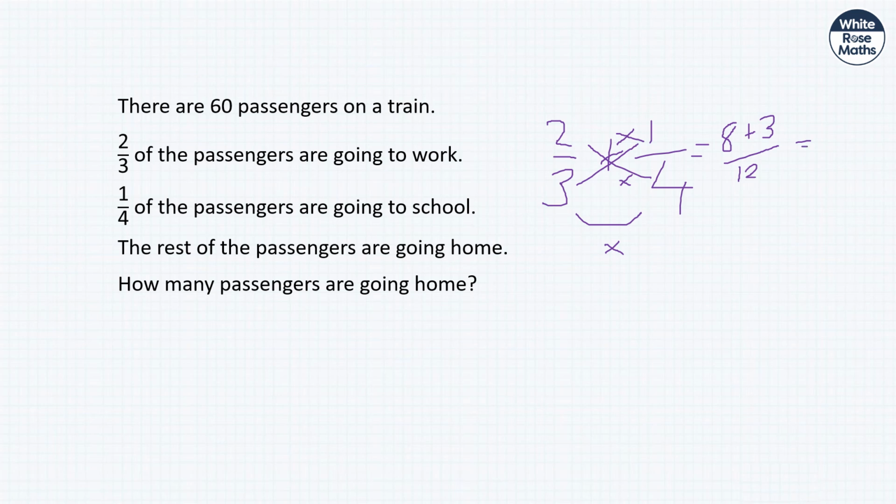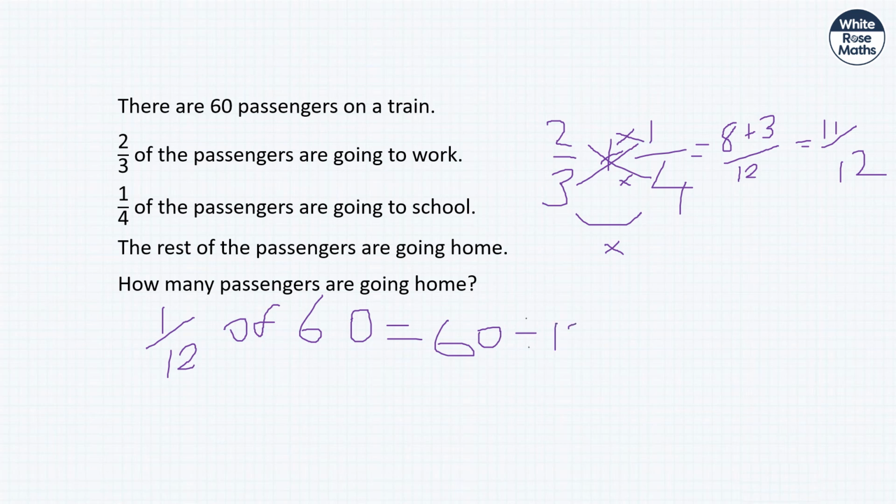So that'll give me 11/12, which means that 1/12 of them are going home. So 1/12 of 60 means 60 divided by 12, which is 5, and then times by 1 makes it 5. So 5 passengers are going home on the train.